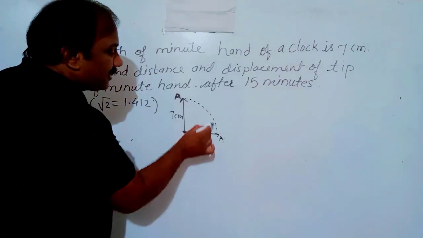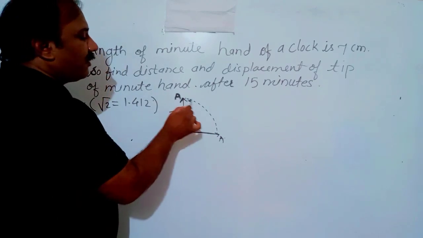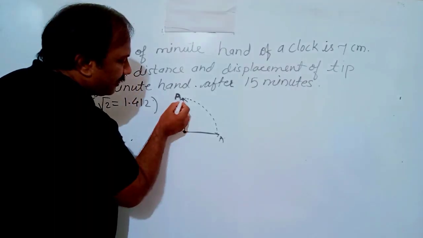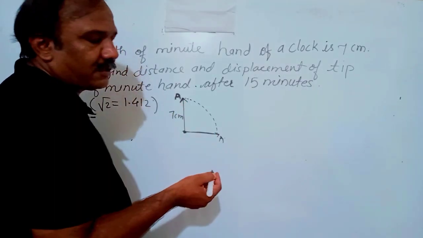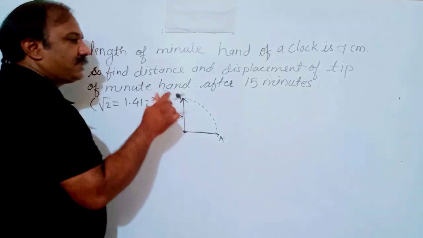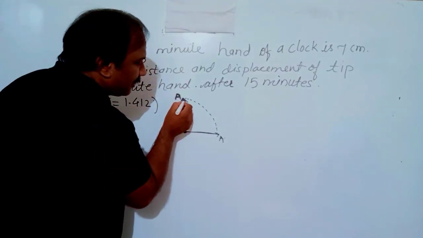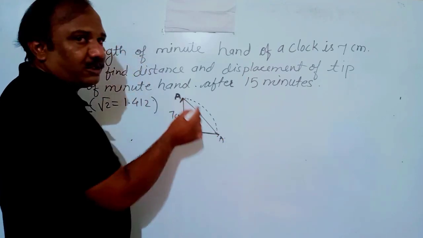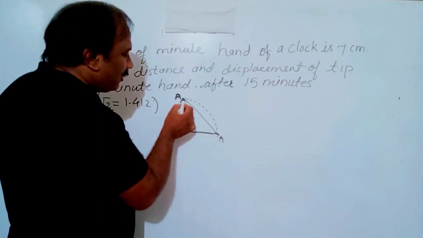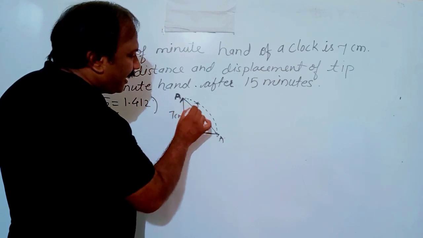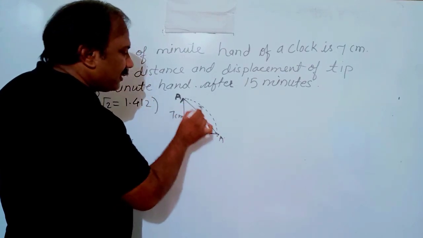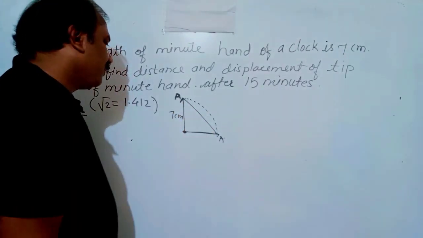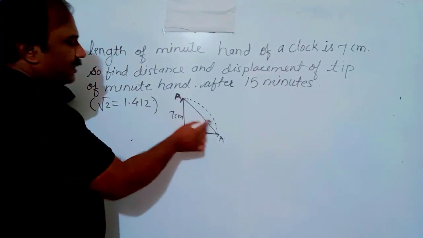Now this is the distance traveled by the tip in 15 minutes, and as we know, displacement is again the shortest path between initial and final position. So this is the initial position and this is the final position. This is the displacement, and this curve is the distance traveled by the tip of the minute hand. So let us find the value of distance and displacement.